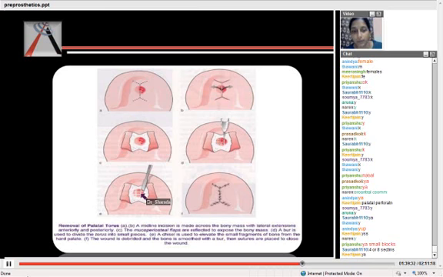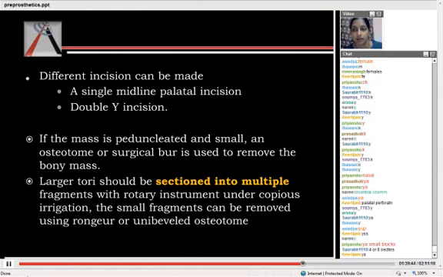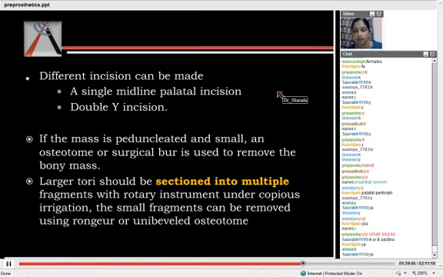You make it into pieces like these, 4 to 8, and then remove it piece by piece using an osteotome and then suture it back. Simple, right? So this is the double Y incision, a single middle vertical incision and 2 Y-shaped incisions, and you section it.